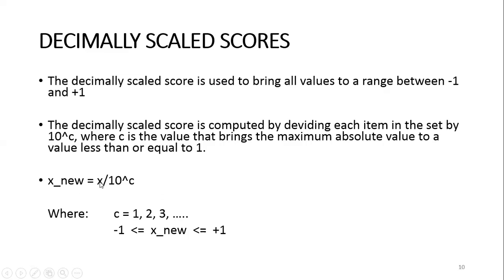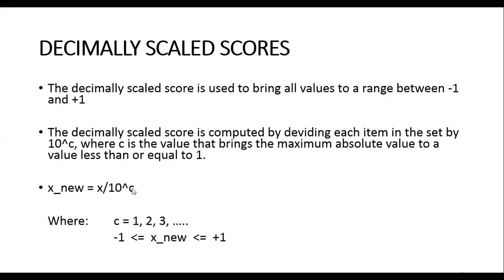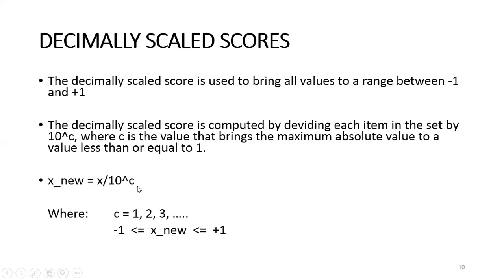So x new is assigned x divided by 10 to the power of c. You just need to be able to choose an appropriate value for c. That's all you need to understand there, which we just did. Like I said, c is a whole number, either 1, 2, 3, 4. C is a whole number, not like 1.5 or something. No.